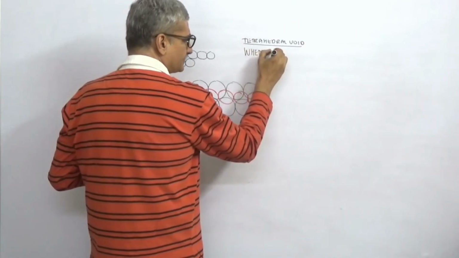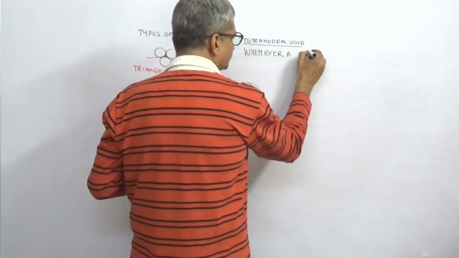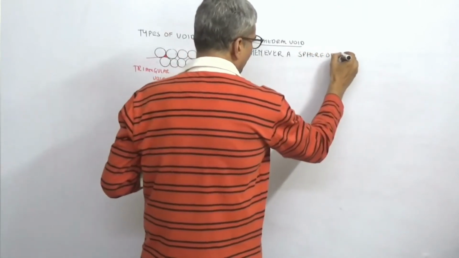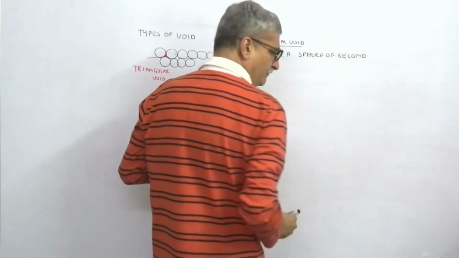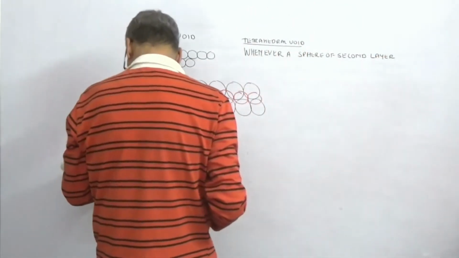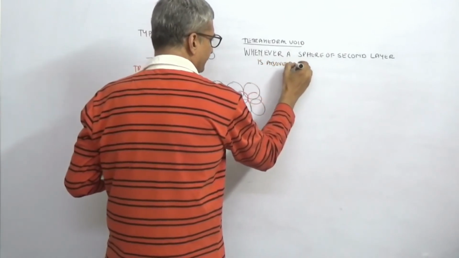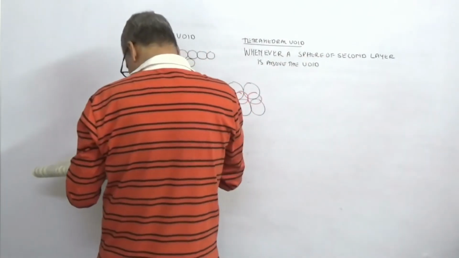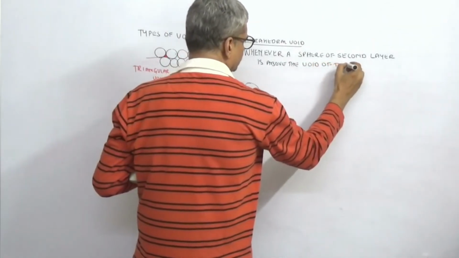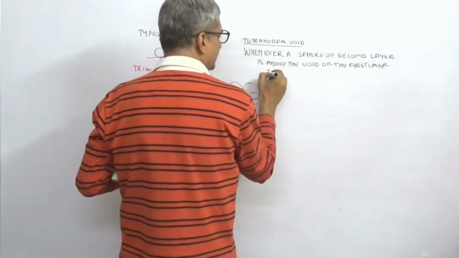Whenever a sphere of the second layer is above the void of the first layer, it is called as tetrahedral void.